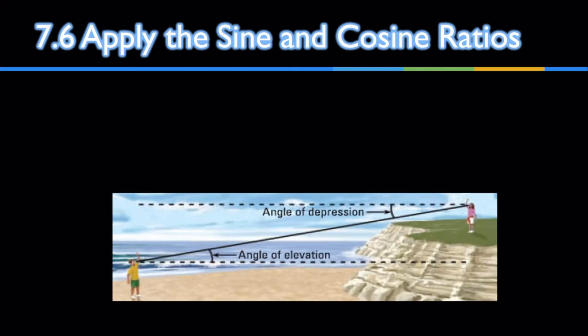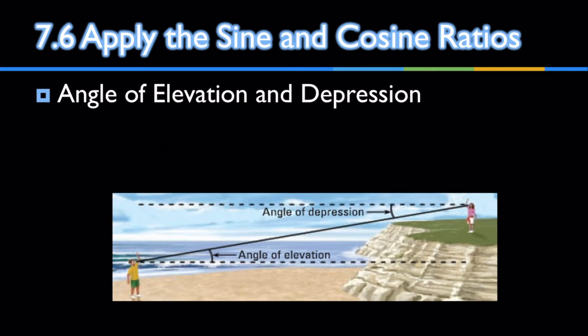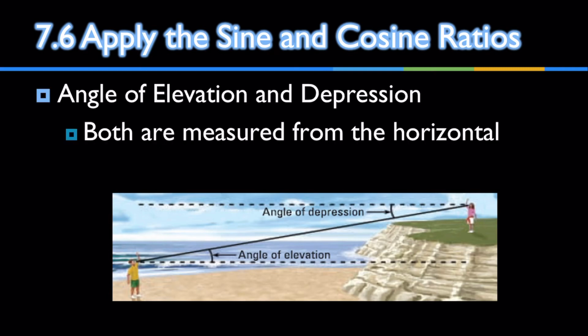You could use these to solve other types of problems. Angle of elevation and depression. Both are measured from the horizontal. So angle of depression is from the horizontal, measured downwards towards your line of sight. So, when you're depressed, you look down. So the angle of depression is from horizontal looking down.